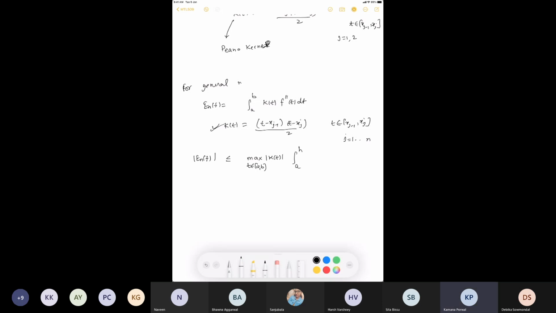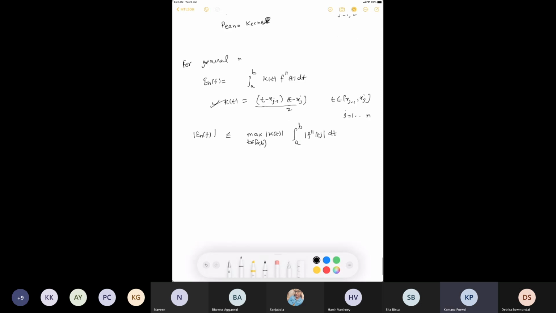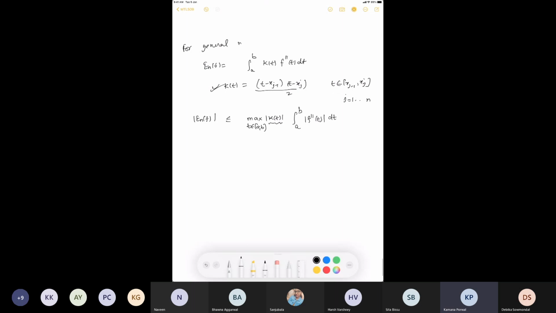So then what I will be left with is this. Since this is a polynomial, its maximum can be found over the interval ab, right? And you have the idea of this, so you will be able to get the bound on the error En. Okay, so since it's the time, I'll stop here.